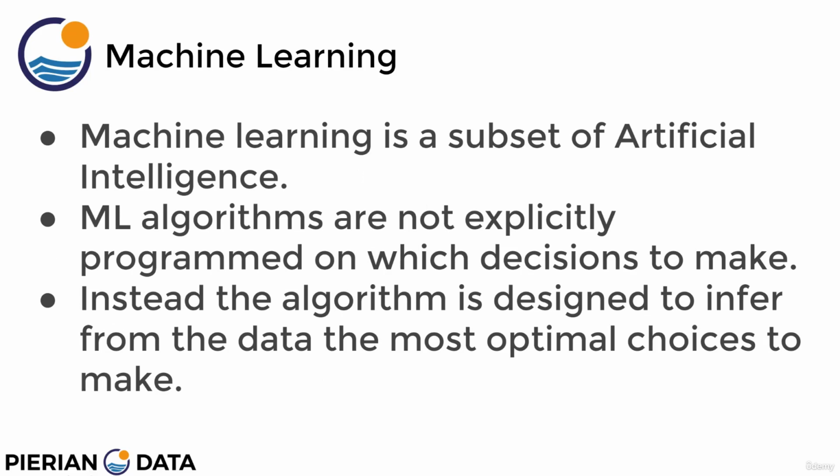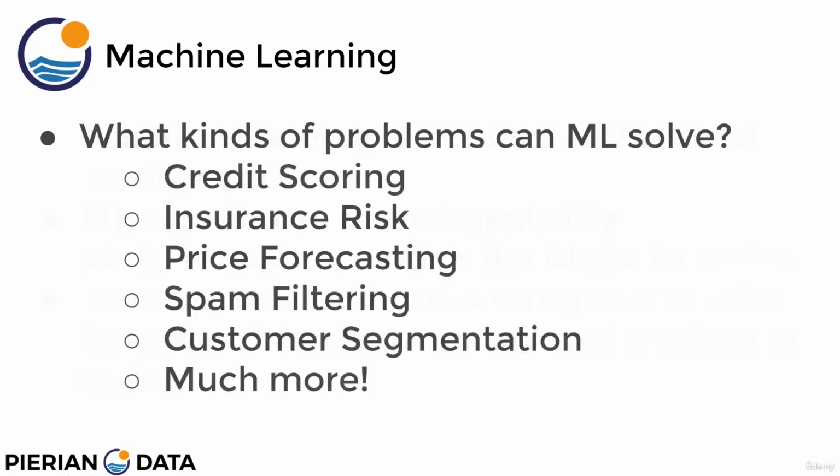So machine learning is a subset of artificial intelligence, and machine learning algorithms are not explicitly programmed on which decisions to make. Instead, that algorithm is designed to infer from the data the most optimal choices to make.